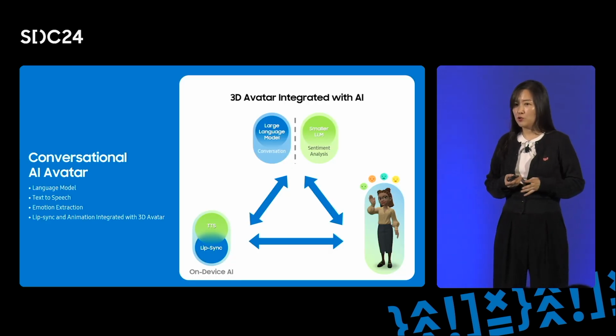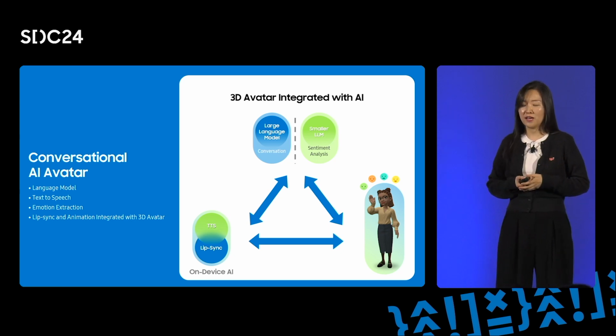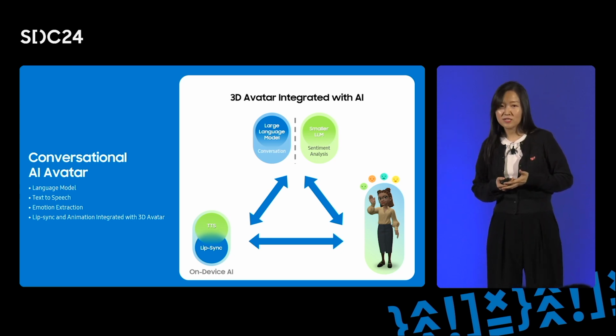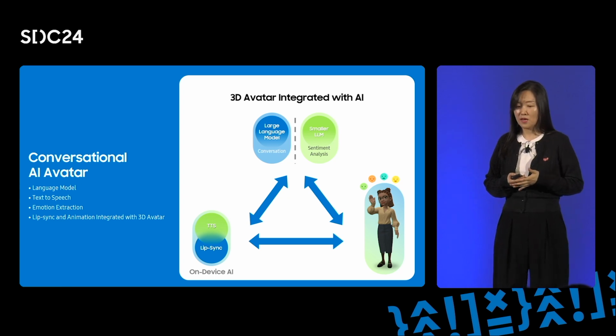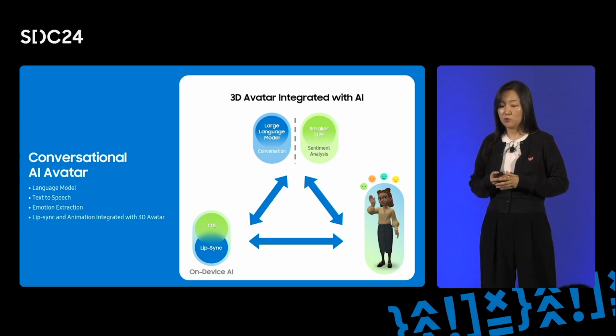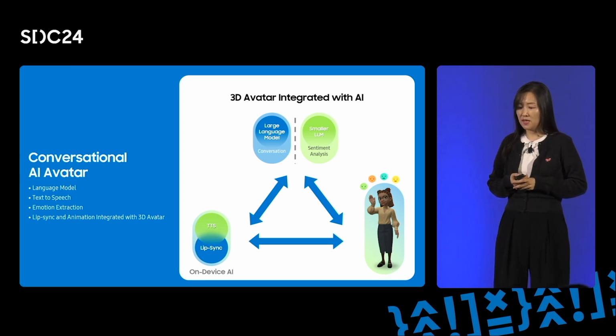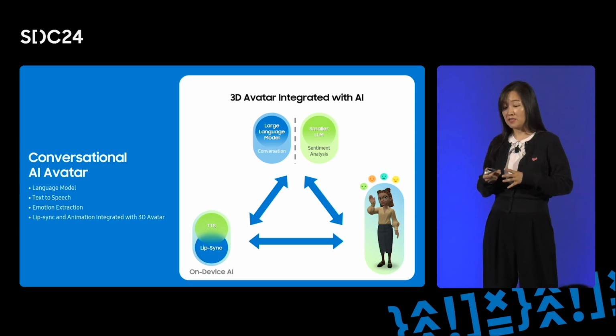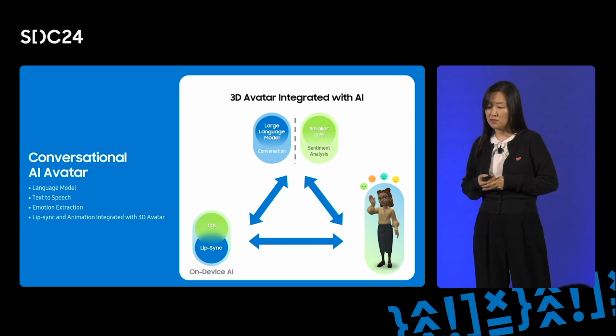Imagine creating your own conversational AI avatar. To achieve this, we need various AI features. First, it's essential to have a language model as the brain, which interprets what the user says and generates appropriate responses. Next, text-to-speech provides the avatar's voice.